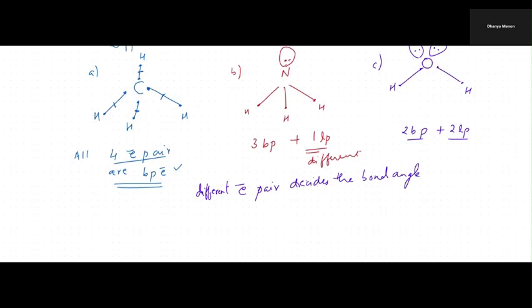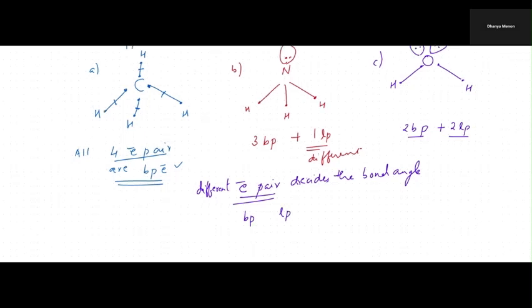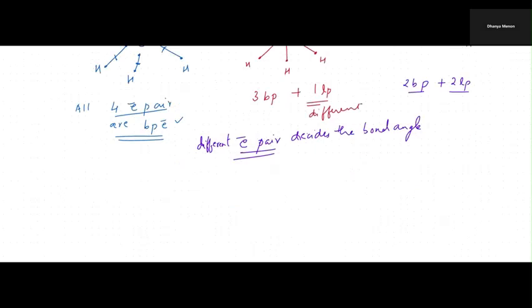The electron pair, the presence of bond pair, the presence of lone pair, etc. So if a lone pair is present, then there can be a difference in the bond angle.